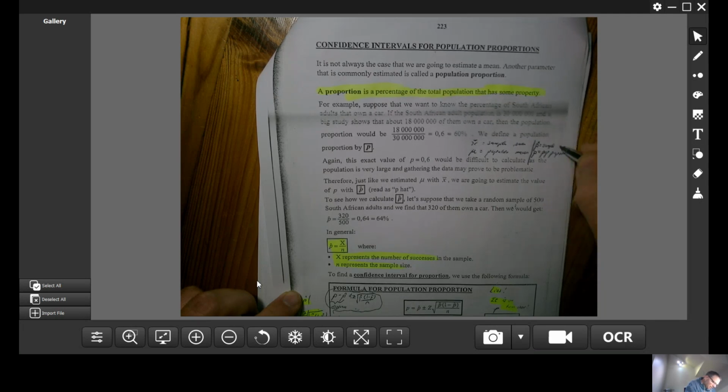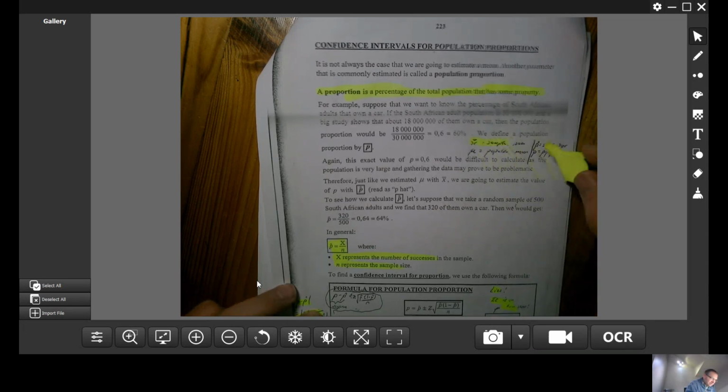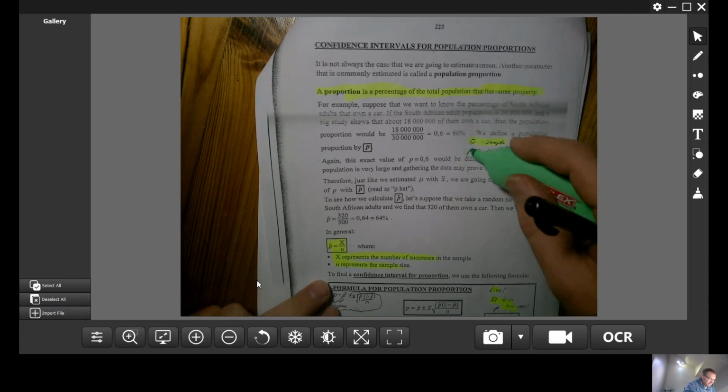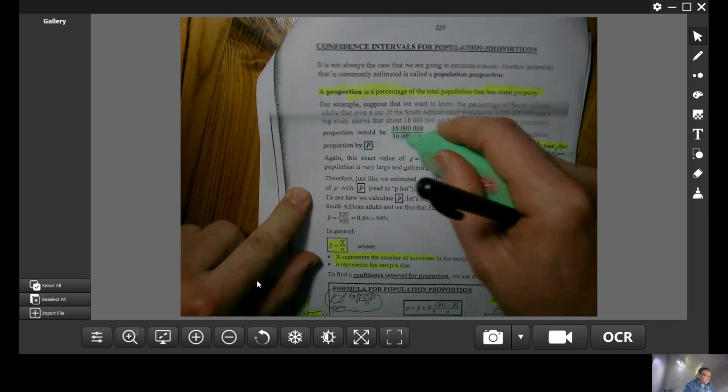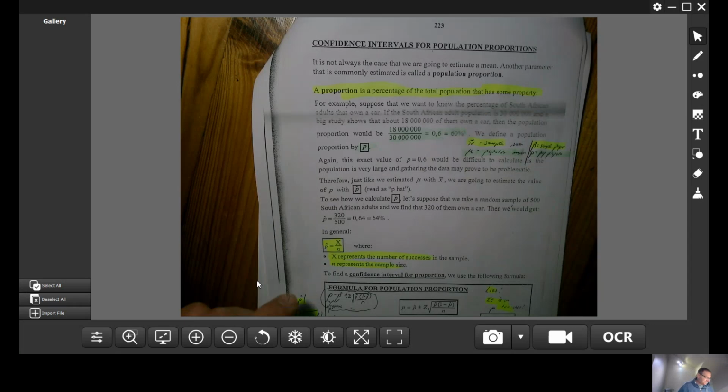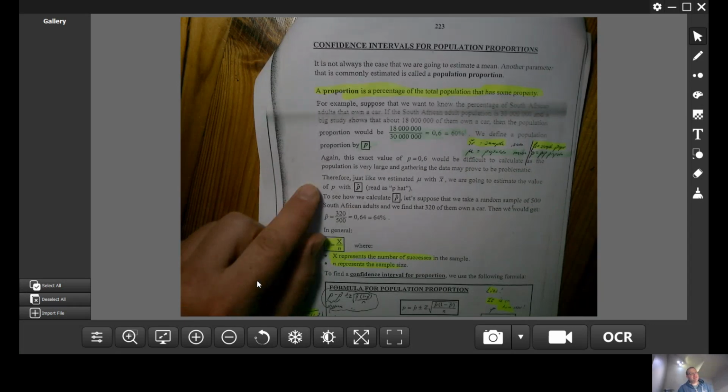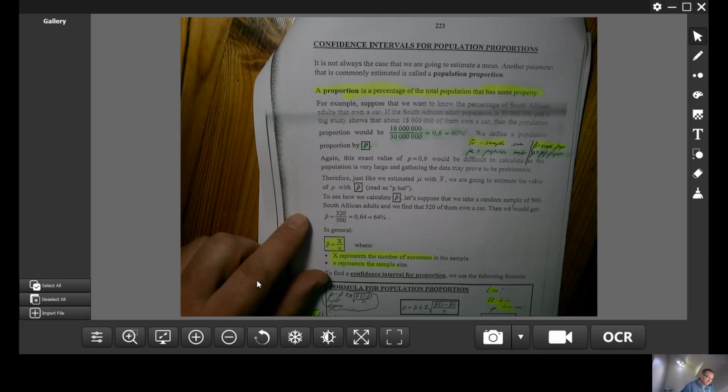So those are equivalent. X bar is the sample mean, P hat is the sample proportion, mu is the population mean of the whole population as opposed to the sample, P is the population proportion. In this case, P was your population proportion because we looked at the whole population, which is 60%. But realistically, it's impossible to survey the whole population, so we're going to take educated guesses by taking samples. And the sample proportion, as we said, is going to be called P hat.